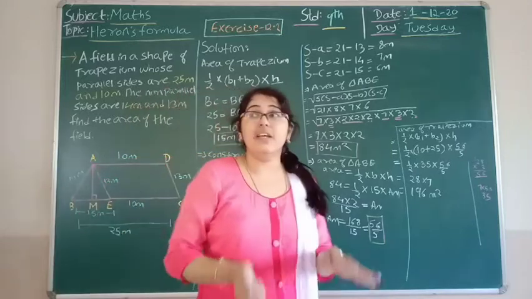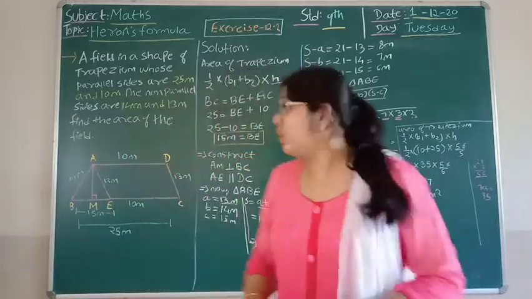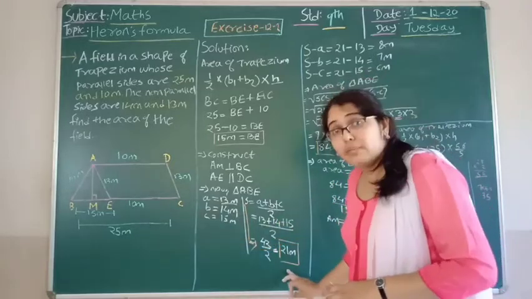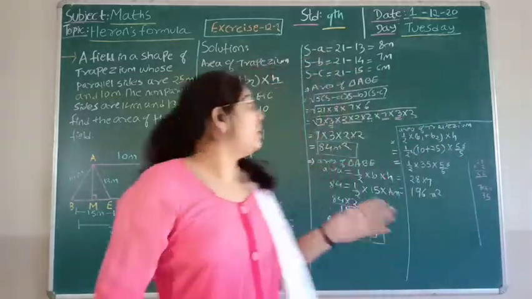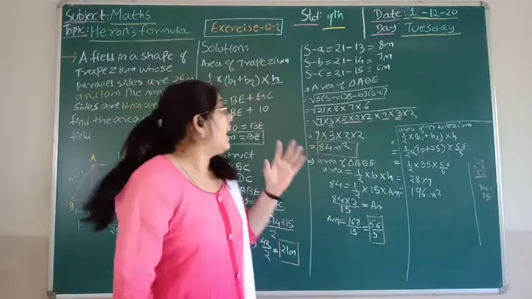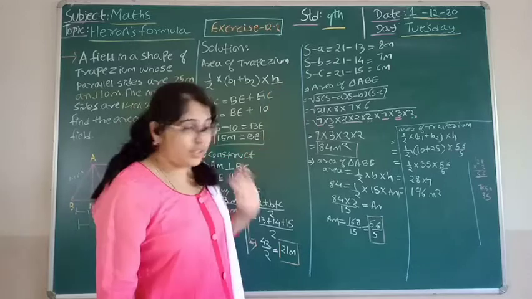We found the semi-perimeter, then the values of S minus A, S minus B and S minus C, and then we found the area, which was 84 meter square.